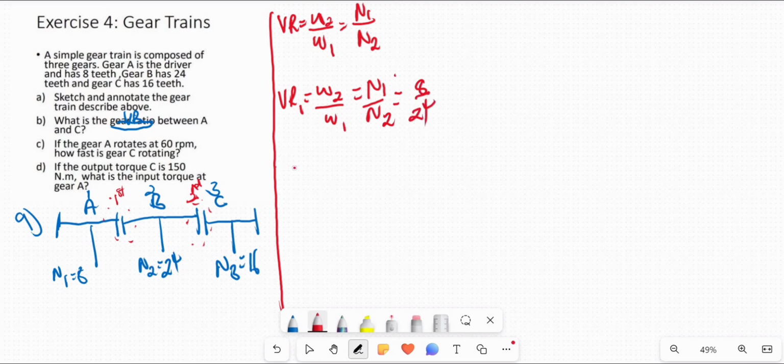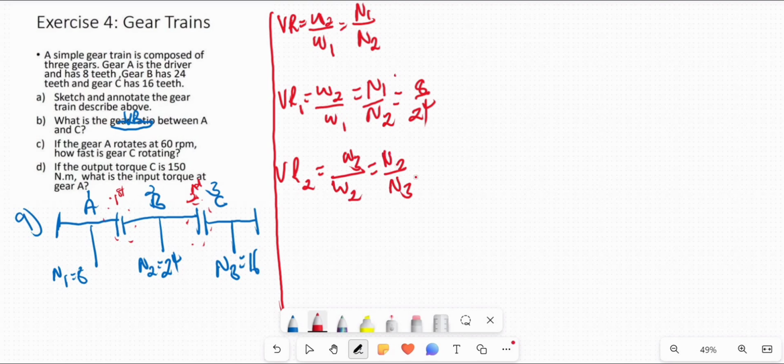And then VR2. Which one is being driven? Which one is the output? It's 3, omega 3. And which one is driving the other one? So the second gear is driving the third gear, omega 3 over omega 2, which is equal to N2 over N3.